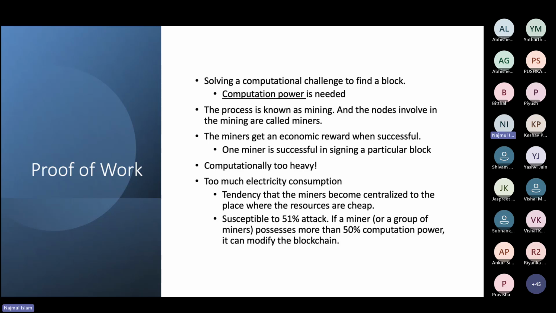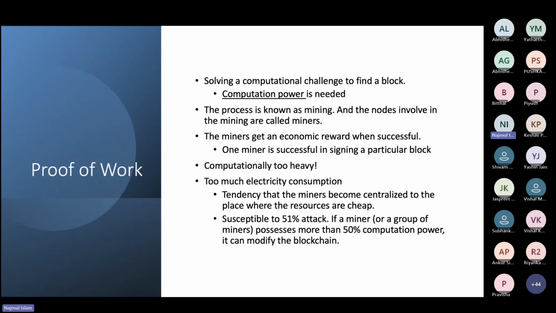The algorithm has been defined in such a way that you compete all the time. If you have more computational power, then another person will also bring more computational power, and the competition will always be on. Due to this process, too much electricity consumption happens. And then there is a tendency that the miners become centralized to the place where the resources are cheap.